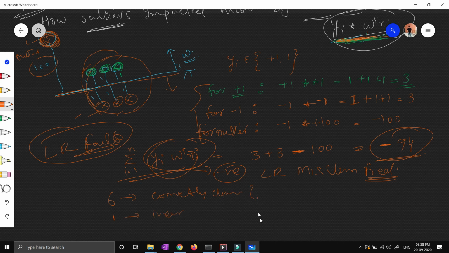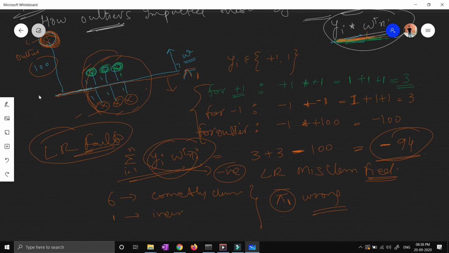And due to this, we are saying that my plane is wrong. My plane pi 1, let's assume this particular plane is pi 1, is wrong, right? So you can see how dangerous an outlier is while solving the machine learning logistic regression or optimization problem, right? Or while calculating the signed term, right?